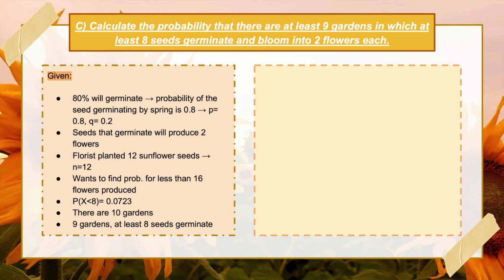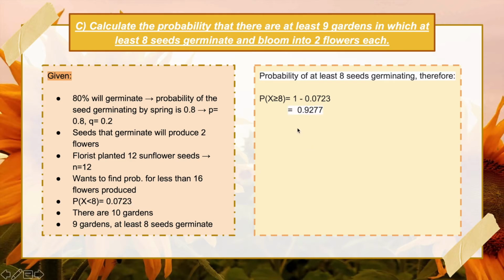We actually have calculated the probability of at least 8 seeds germinating in the previous slide when we added the probability of x equals 8 to x equals 12. But we can also calculate it by finding the complement probability of x less than 8. So 1 minus 0.0723 equals 0.9277.